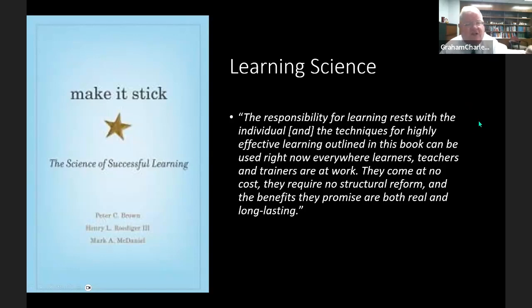And this is a shift of thinking about successful learning instead of necessarily successful teaching. They say at the beginning of this book, the responsibility of learning rests with the individual. And the techniques for highly effective learning outlined in this book can be used right now, everywhere, by learners, teachers, and trainers at work.